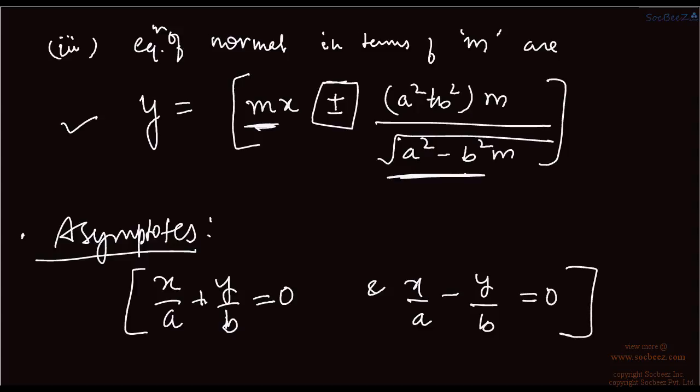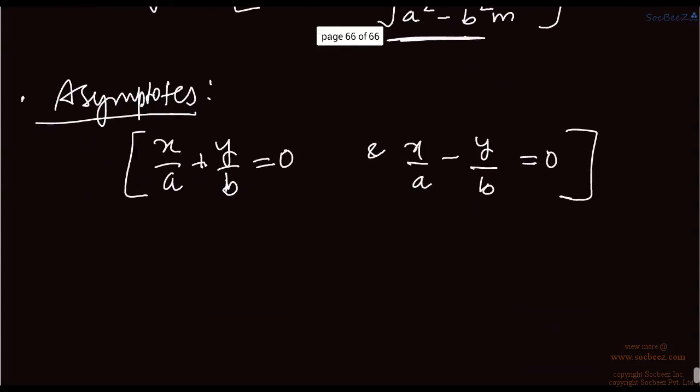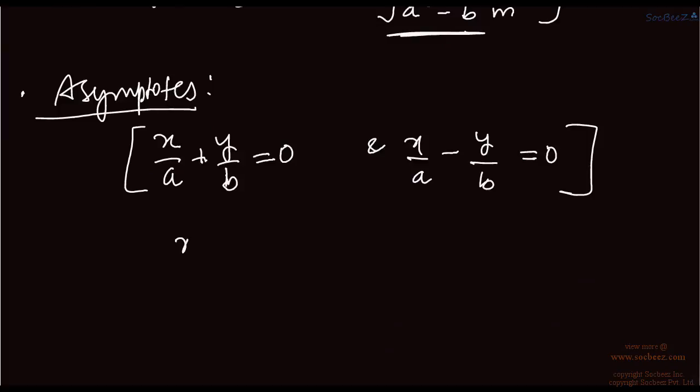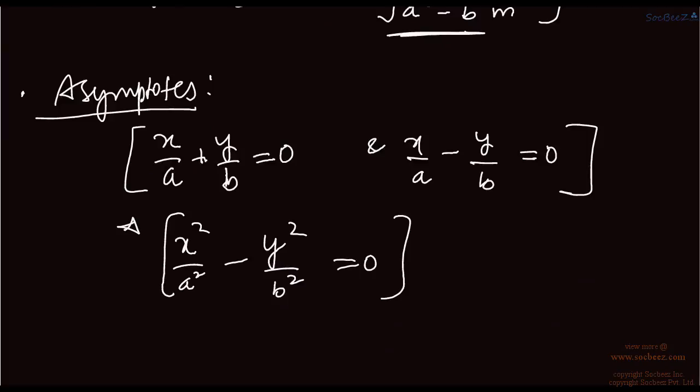These two are the asymptotes, and by multiplying both of them you can write x square by a square minus y square by b square equals 0. This is the most important equation, the pair of asymptotes.